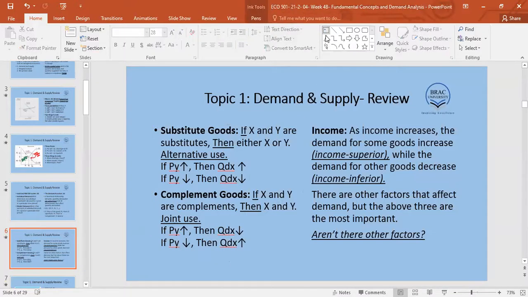Now, income is an interesting variable. When our income increases, our demand for certain goods increases, and the demand for certain goods decreases. Now, everybody in this class is either a full-time student, or if you have entered your professional life, you are very new in the job market, right?